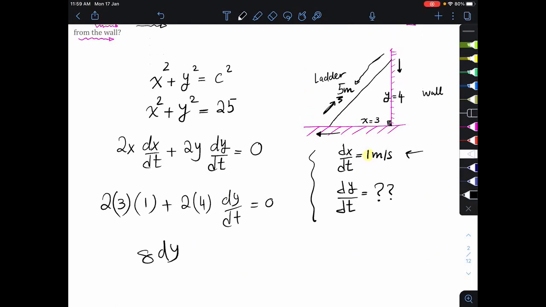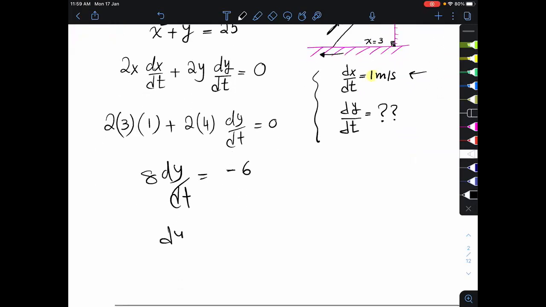So 6 plus 8 dy over dt equals 0, so 8 dy over dt equals negative 6, and dy over dt is equal to negative 3 over 4 meters per second.